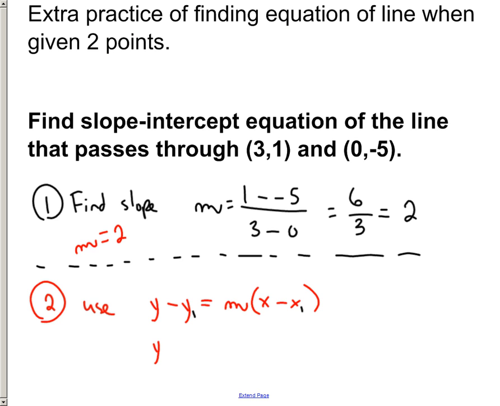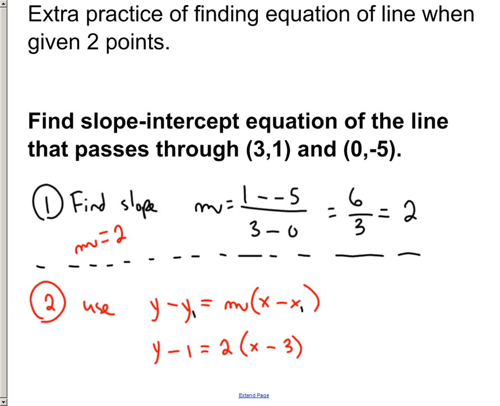Let's use the 3 and the 1. y minus my y value is 1. Be very careful there. Sometimes you'll accidentally put in the x value there, and that's wrong. My m, or my slope, is positive 2, and my x stays the same there, but now I'm ready to put in the x for this x1 point right there. So that's going to be 3.